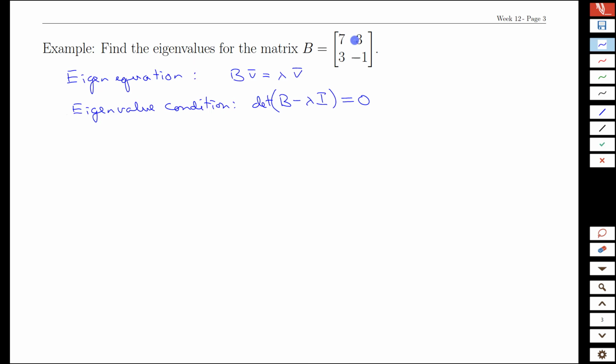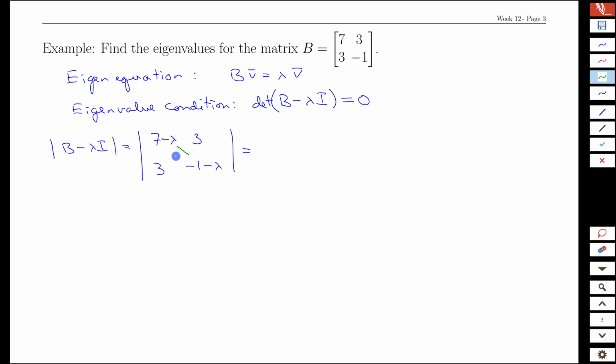So we're just going to apply that here and see what we get. So remember, vertical bars can also represent determinants. That is the same as 7, 3, 3, minus 1. And this week, I'm just going to slide the lambdas along the diagonal with the negative signs without changing the color. We've seen that enough times now, hopefully, to remember what that minus lambda I here does: all the way down the diagonal, it subtracts a lambda.